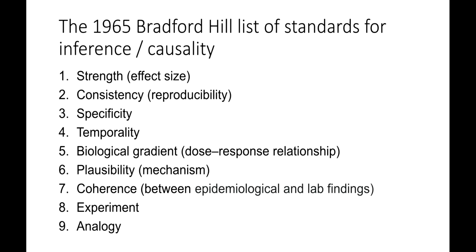One of the criteria would be the strength. So is there a strong and a large effect size between the exposure and the outcome? If there's a strong effect size, one would be more confident to assume causality. Is there consistency? If you do different studies, do they all lead to the same finding? Do they confirm each other? Or is there really a large difference in how studies have looked at the causal effect?